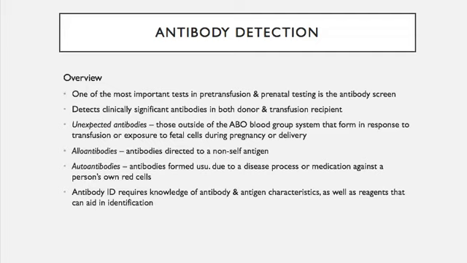Antibody identification requires knowledge of antibody and antigen characteristics, as well as reagents that can aid in identification. We talked about that in the previous lecture also. So not only does it help to have access to those frequency charts to determine how likely it is for this patient to be producing this antibody based on the frequencies of antigens present in their race, but also knowing if an antibody is cold or warm.